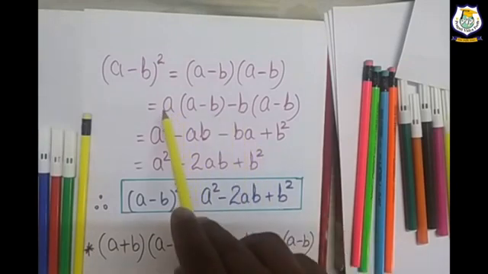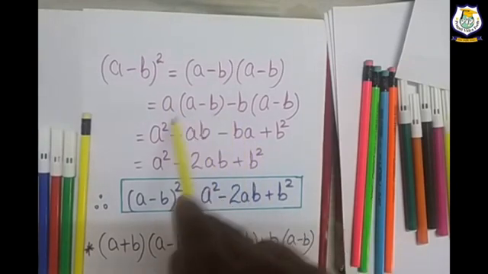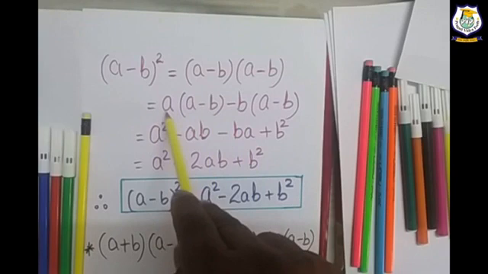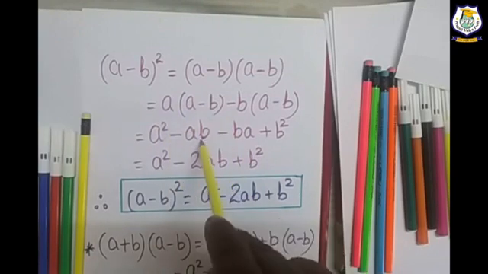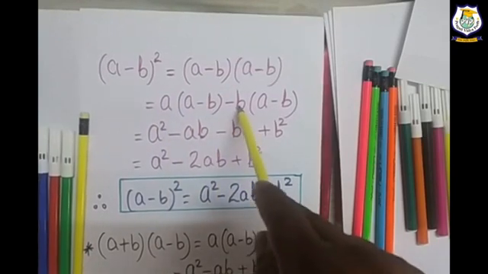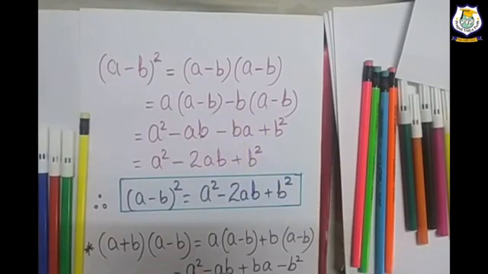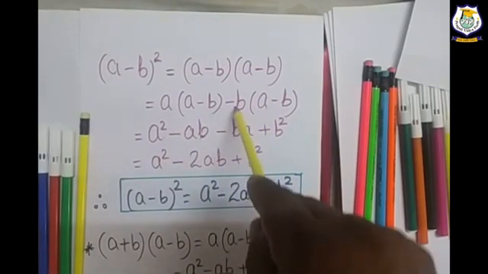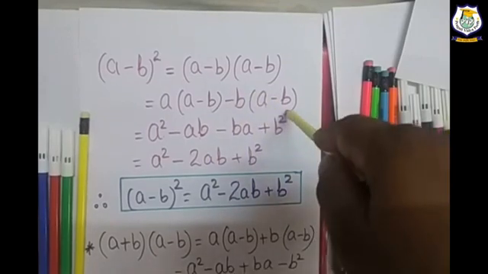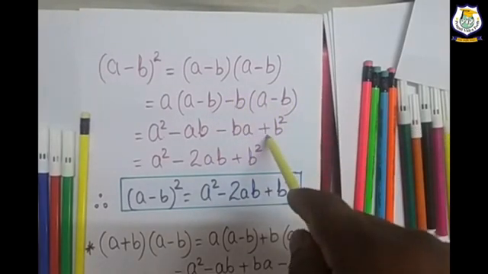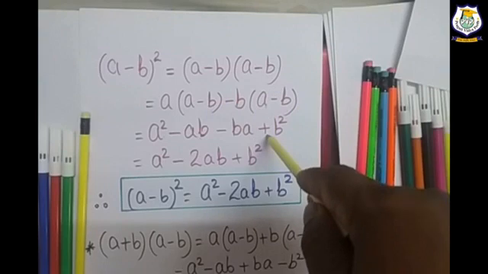So now, a multiplied by a, we get a square. a multiplied by minus b, we get minus ab. Minus b multiplied by a, we get minus ba. Now please pay attention: minus b multiplied by minus b, minus minus gives positive. That's why we have plus b square.